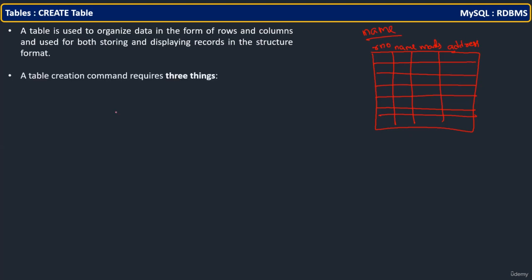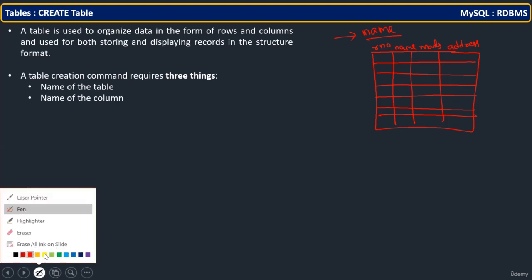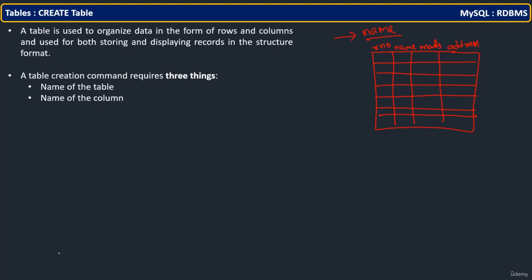So the table creation command requires three things. The first is the name of the table. Another one is the name of the column. So roll number, name, marks, address, all these names you must define. And the other thing is the domain of the column. This is very important. For example, for roll number, what kind of data are you allowing in this entire column?